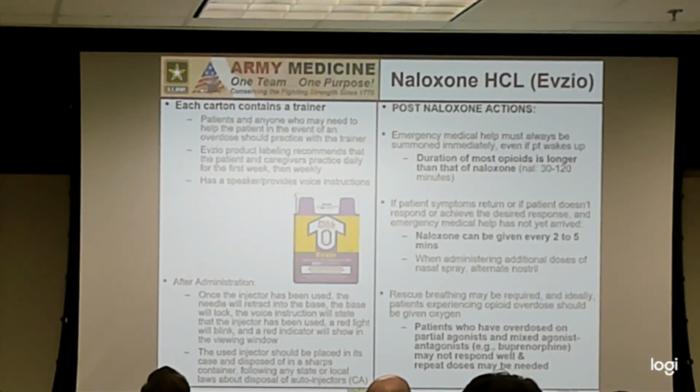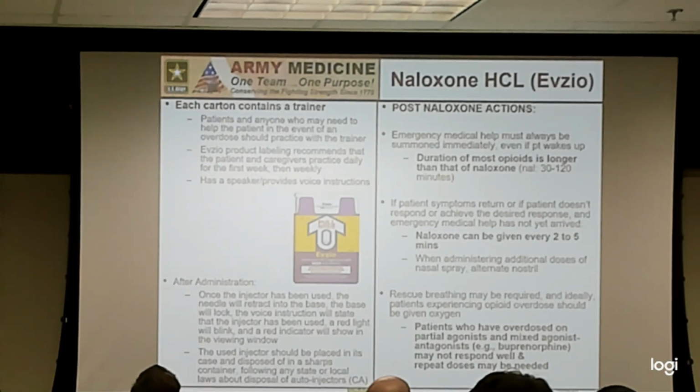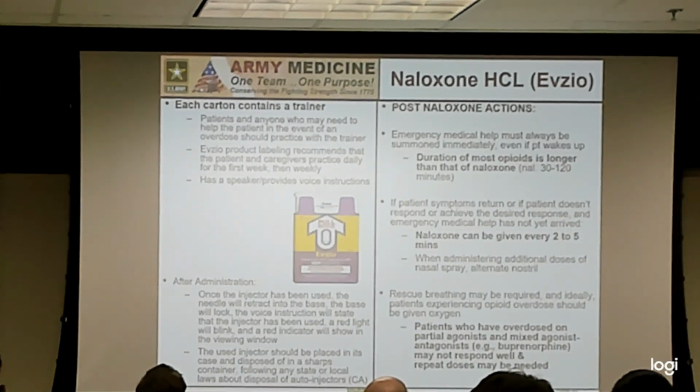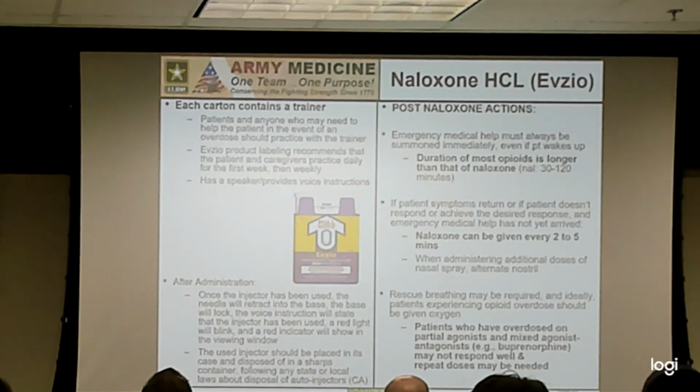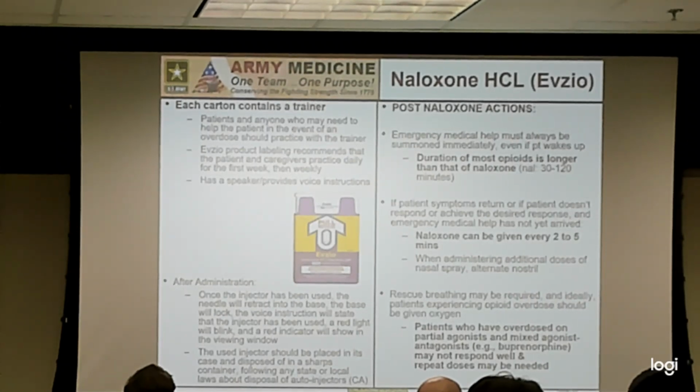Okay, I haven't really seen or dispensed Evzio or the injectable formulation of Narcan, but this is just an injectable that you have available. Same exact things that's going on.